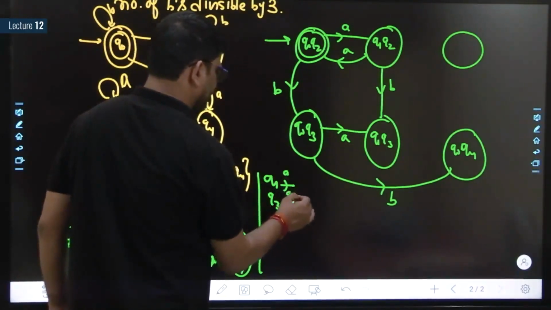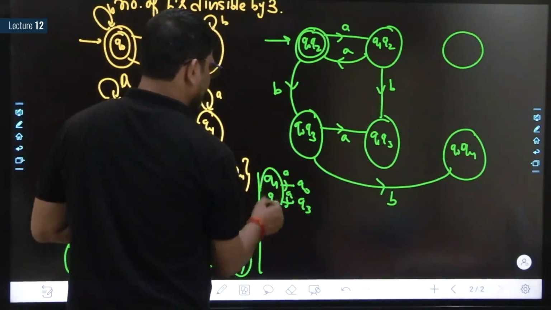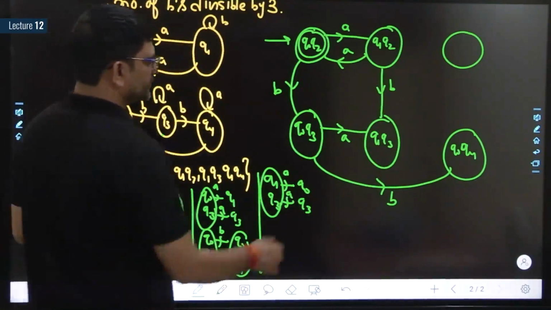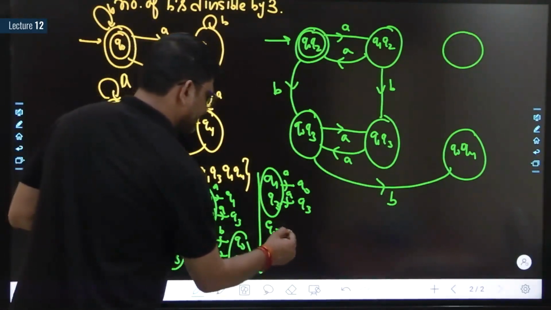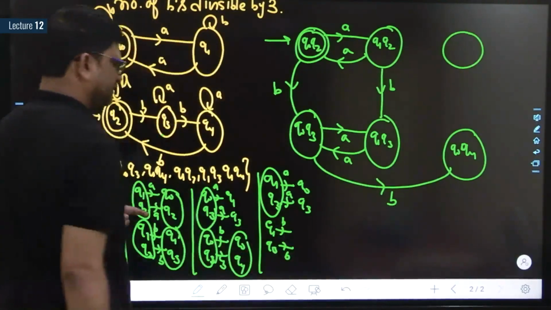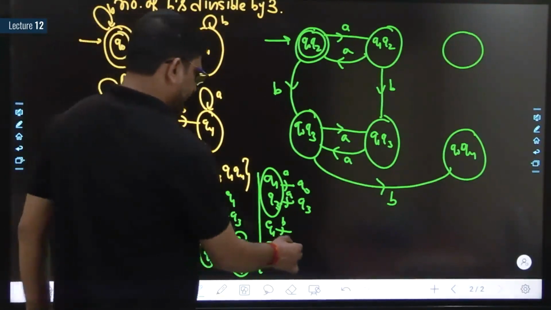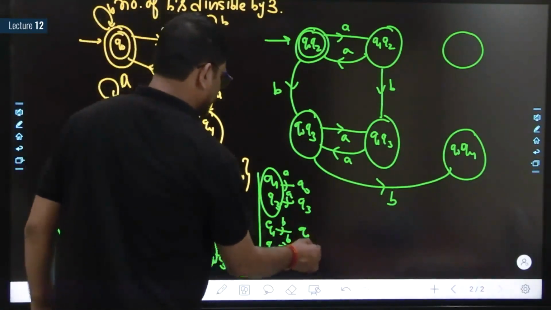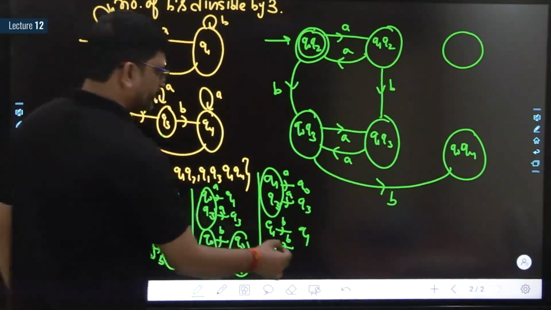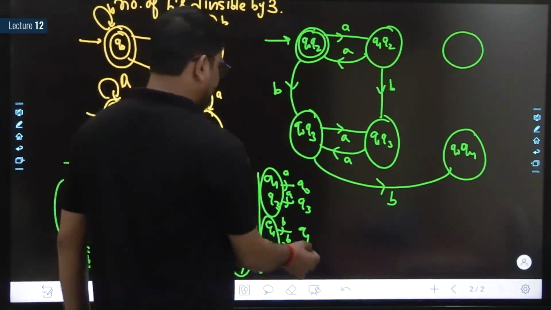Q1 on A goes to Q0, Q3 on A stays Q3, so Q1Q3 on A goes to Q0Q3. Q1Q3 on B: Q1 on B stays Q1, Q3 on B goes to Q4, so Q1Q3 on B goes to Q1Q4.